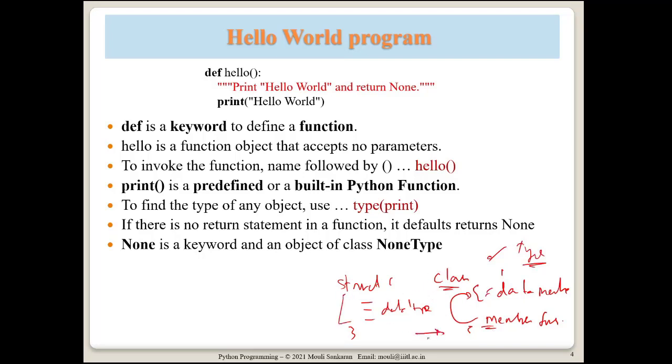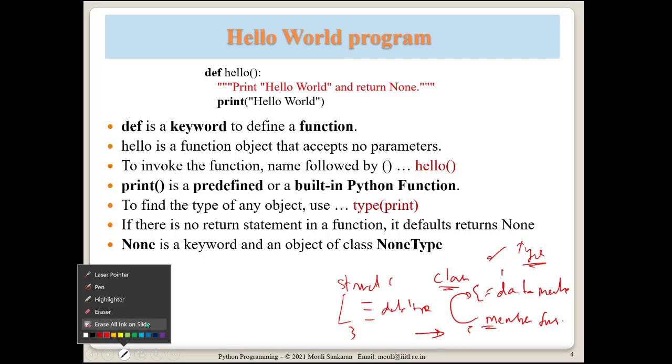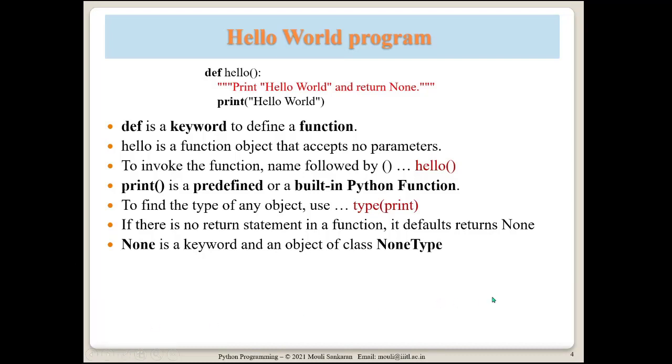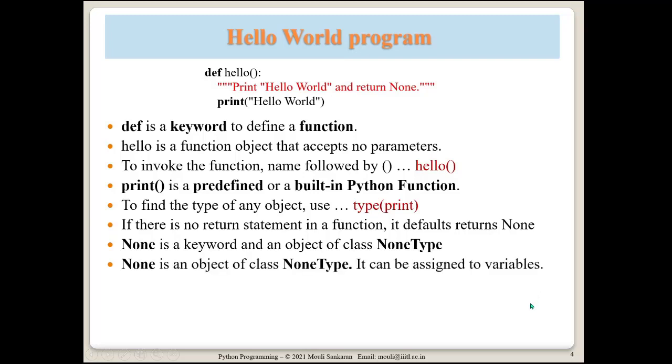So it is an extension of the structure that you have seen in C programming. That much of introduction is enough for objects and classes now. I'll have multiple sessions only talking about classes and objects down the line, so don't worry about it. So NoneType is a class and None is an object of the type NoneType.